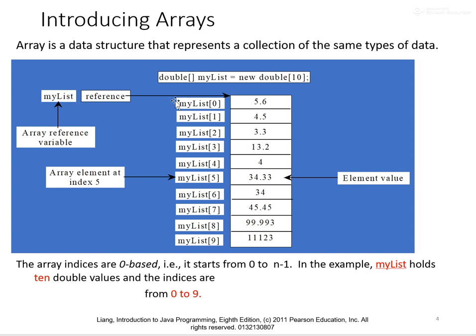So over here, for example, mylist is an array of 10 elements, as you can see, these 10 white boxes. Each of them is storing, in this case, a double variable. The first element is referred to as mylist0, the second one can be accessed as mylist1, and so on.